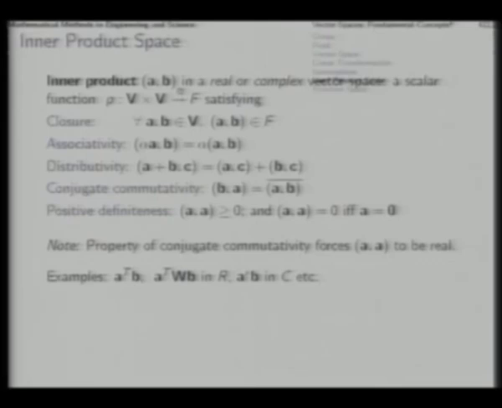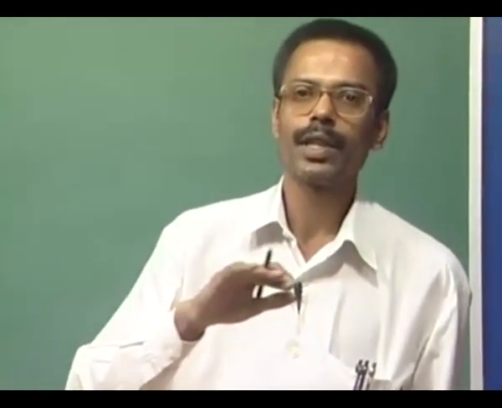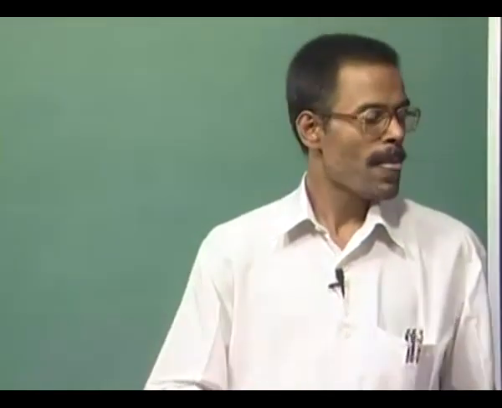In a vector space over the field of real numbers or complex numbers, we can define an inner product, which is denoted with this sign (a, b) in parentheses, and the definition of that is this: it is a function which takes two vectors from the vector space V and as a result produces a scalar in the field F.